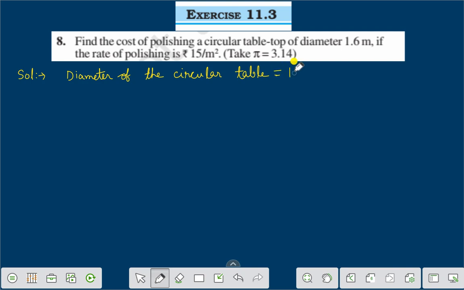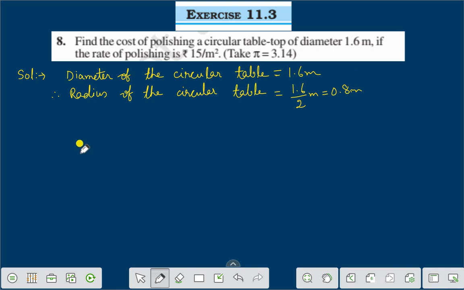Therefore, the radius of the circular table is equal to 1.6 by 2 meter, and that comes to 0.8 meter. Right? The radius of the circular table is 0.8 meter.